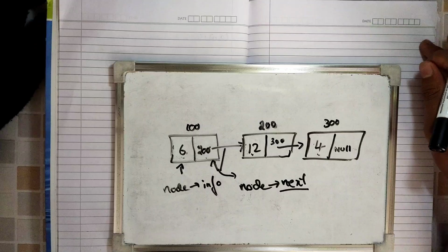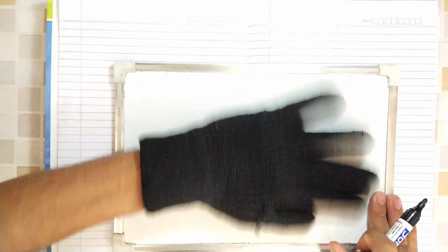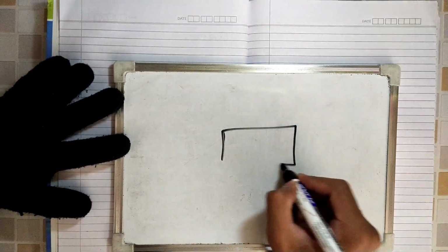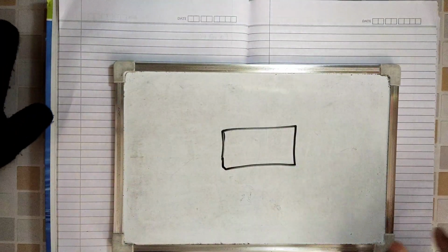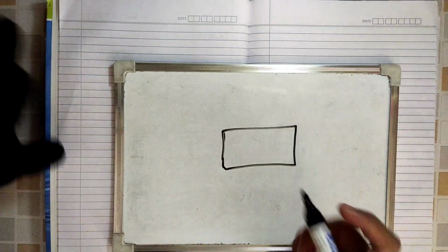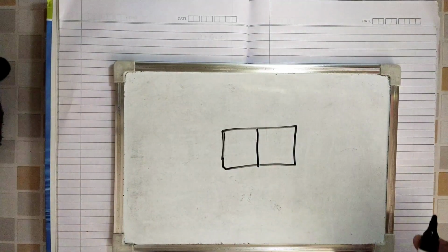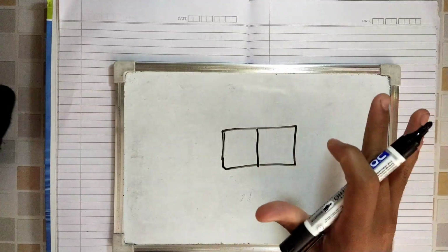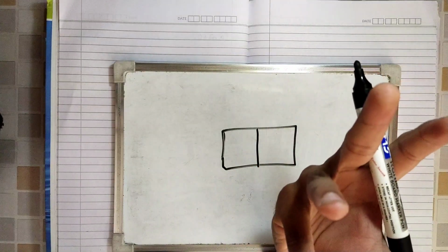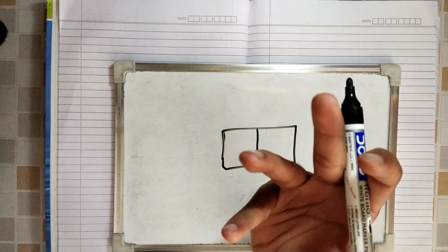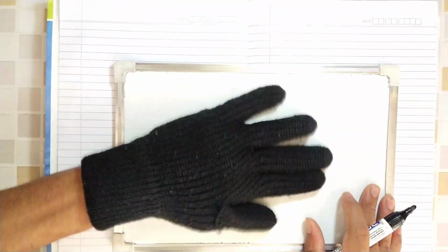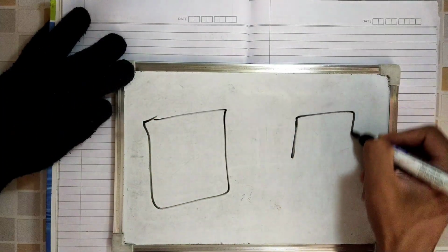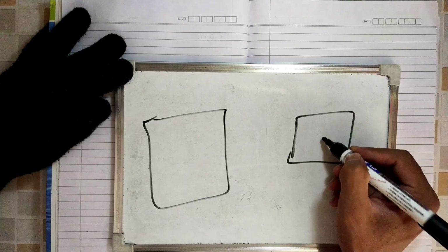So now I'll say one thing. Suppose I want to create a linked list. I want to create a node; for the time being, say there is no node present. So I created this node. What you have to remember is that whenever you create a node, each and every time, you are creating a new node. In simple terms, suppose this is your storage place, and this is the place where you manufacture.